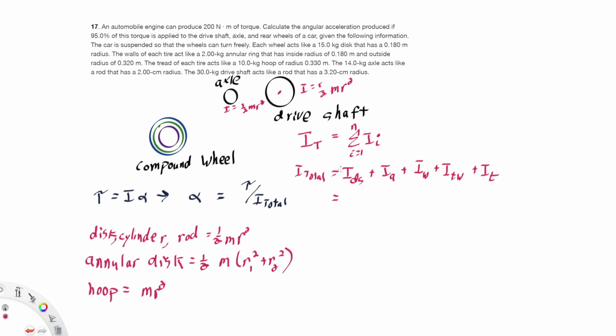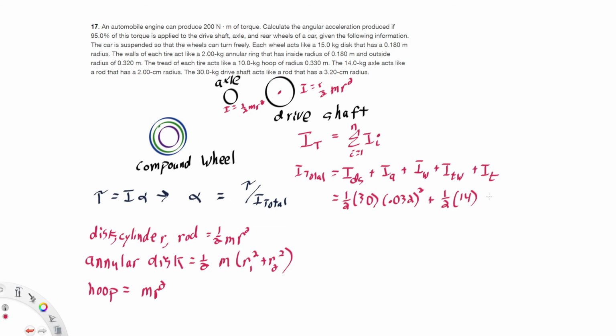Okay. So our drive shaft is going to have a moment of inertia of 1/2, mass is 30, radius is 3.2 centimeters, so 0.032 squared. The axle is going to have a moment of inertia of 1/2 m, which is 14, and then r squared.